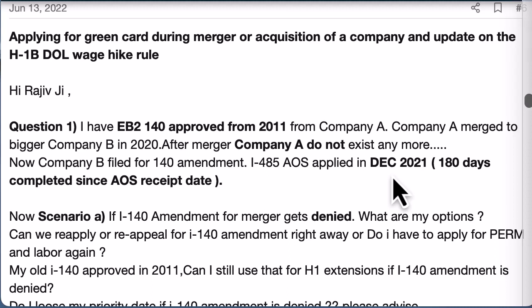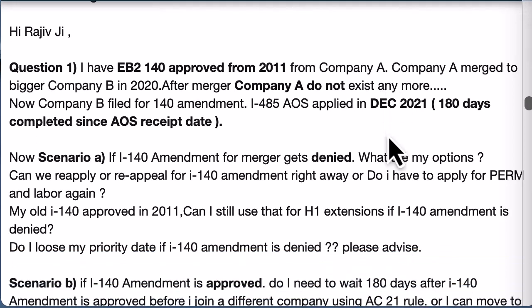So in those cases, H-1B, green cards, everything remains good. We might have to file I-140 amendments, but you don't have to start the green card from the beginning. So that works out.